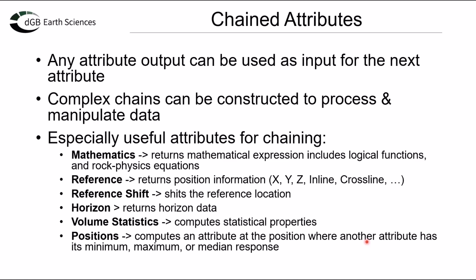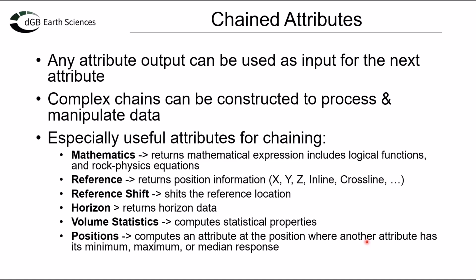Other interesting attributes in this context are the reference attribute, which returns position information like X, Y, Z or inline crossline value. The reference shift, which shifts the location where I'm actually going to calculate the attribute response.